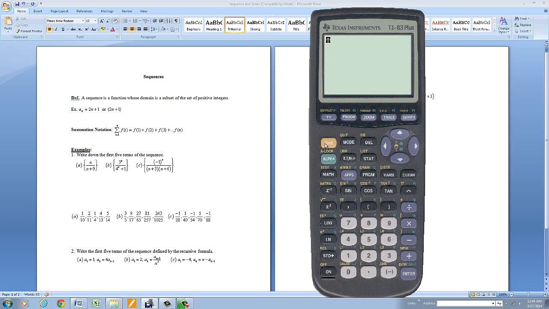So again, I'm going to 2nd, stat, number 5, and then do it again. So enter this formula. 3 to the x, divide, parentheses now.